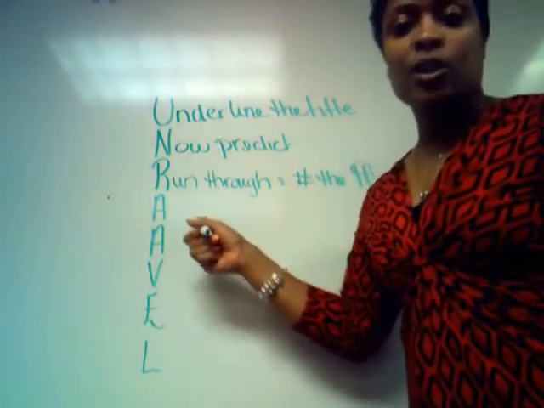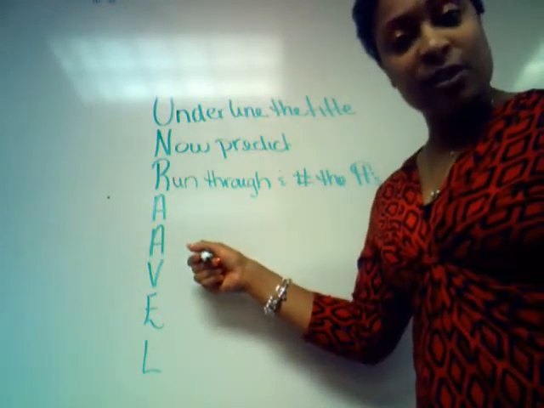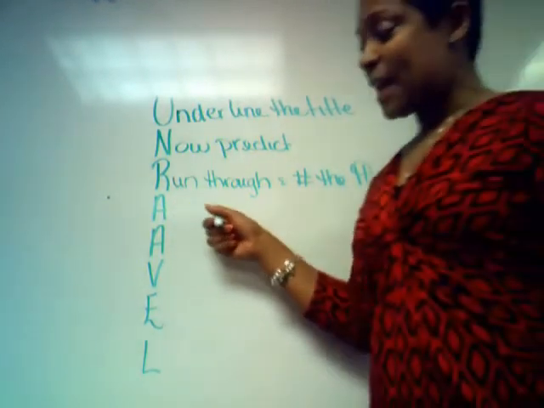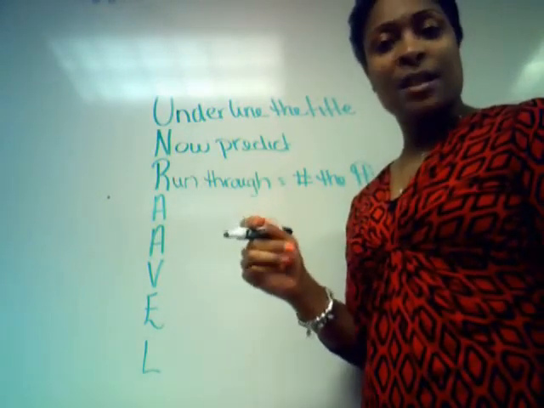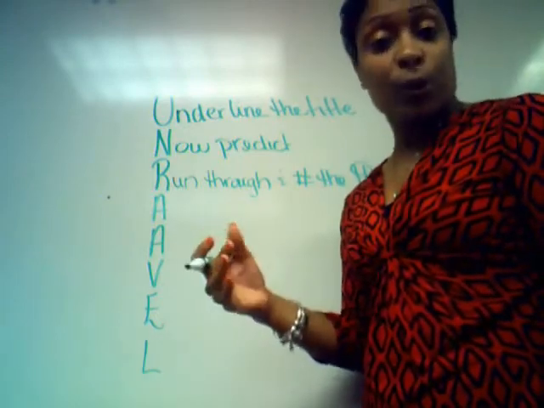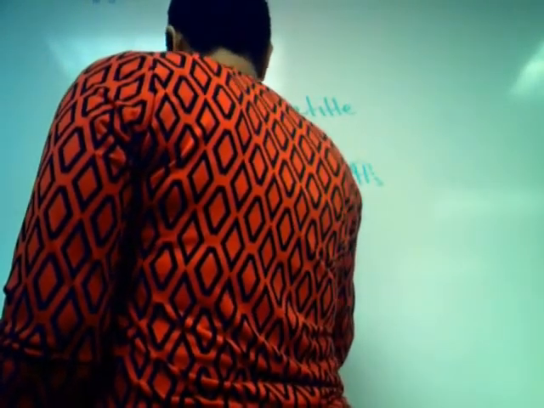After that, we get to our double A. Yes, Unravel has two A's. The first A stands for, are the important words underlined or circled?